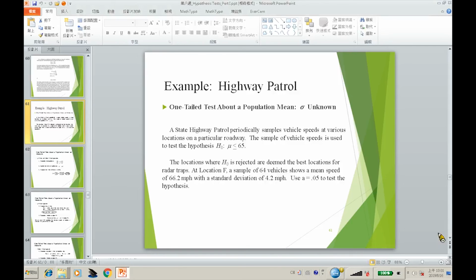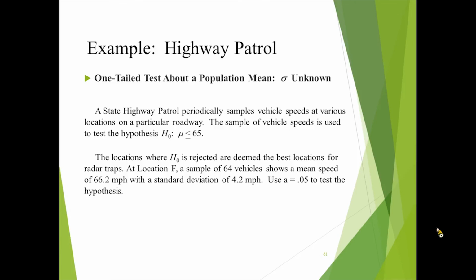Okay, so let's go to another example. This is one tail, and the population standard deviation is unknown. So you can see the sample. This is the highway patrol. This is vehicle speed at various locations. The vehicle speed is used to test the hypothesis H0, mu is less than 65.